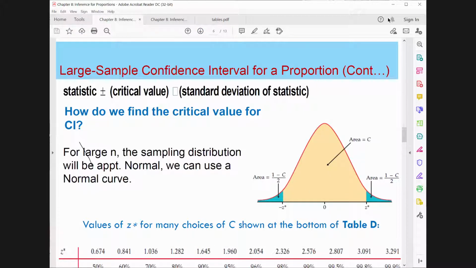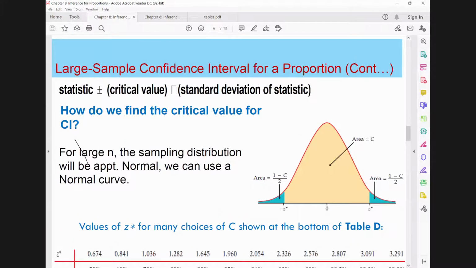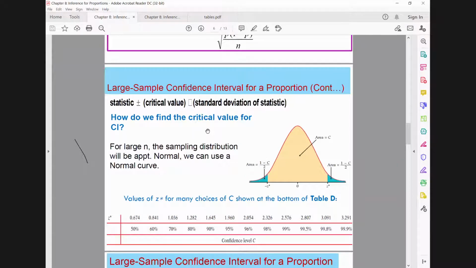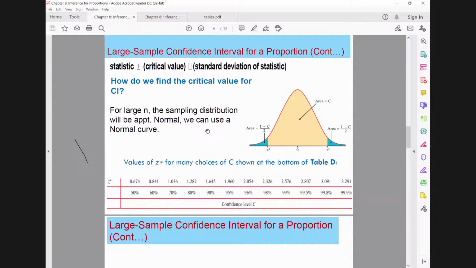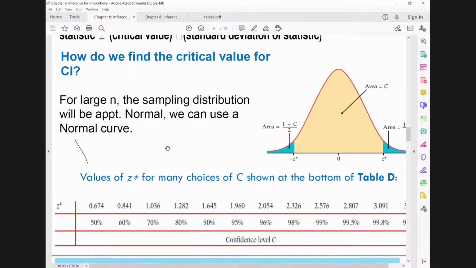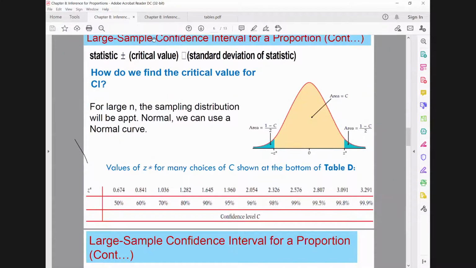Then we use the same strategy as was used in chapter 7 and even 6. Once we have the confidence level, we can evaluate the z-score related to this critical value.